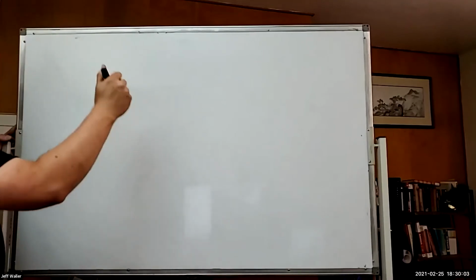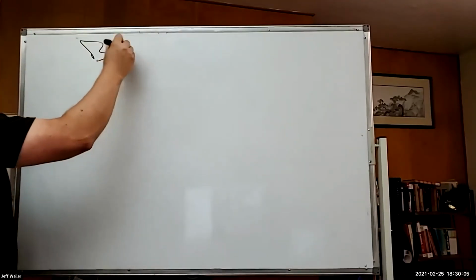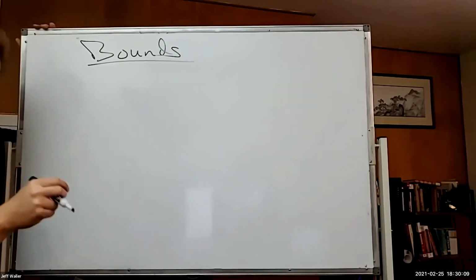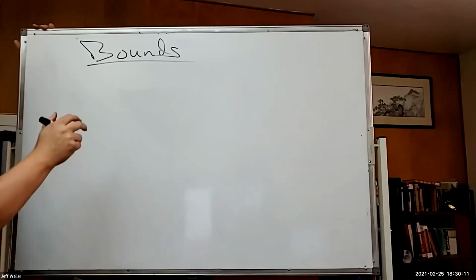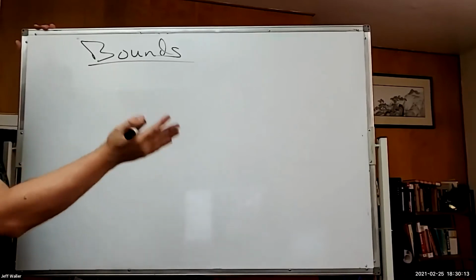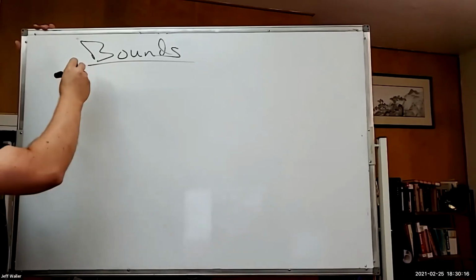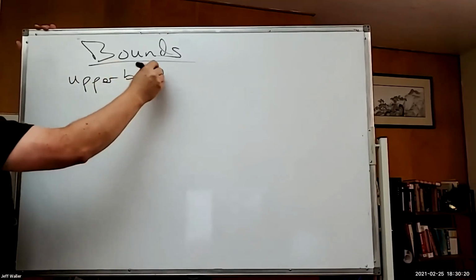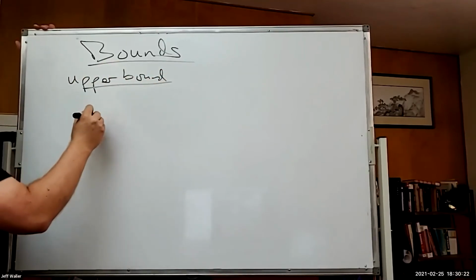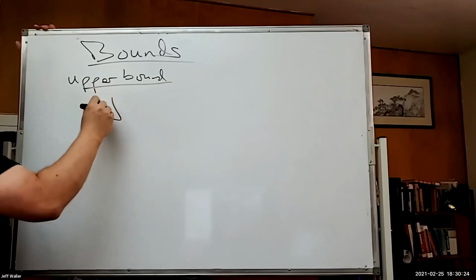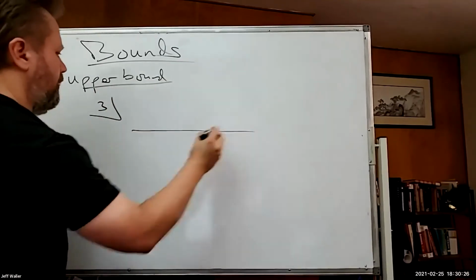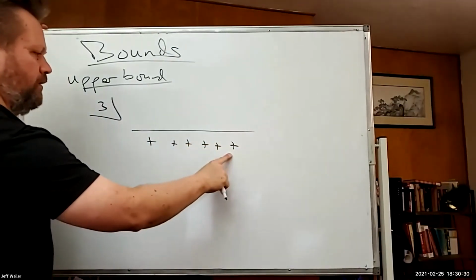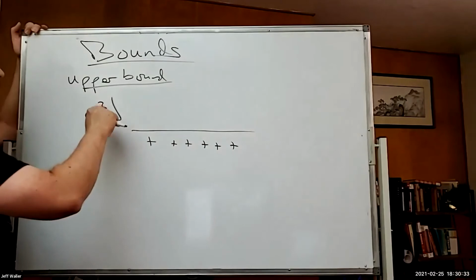All right. So bounds, upper and lower. The book actually doesn't talk about these, which doesn't make sense to me because they're slightly more useful than Descartes is. We already talked about the idea of an upper bound. An upper bound is if I synthetically divide something and the answer comes out all positive, then that is an upper bound.